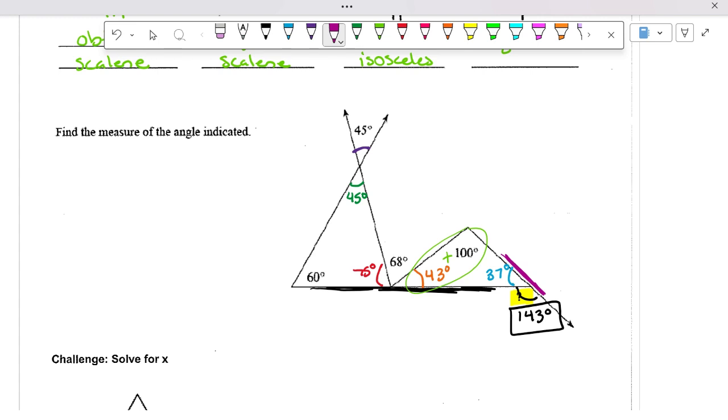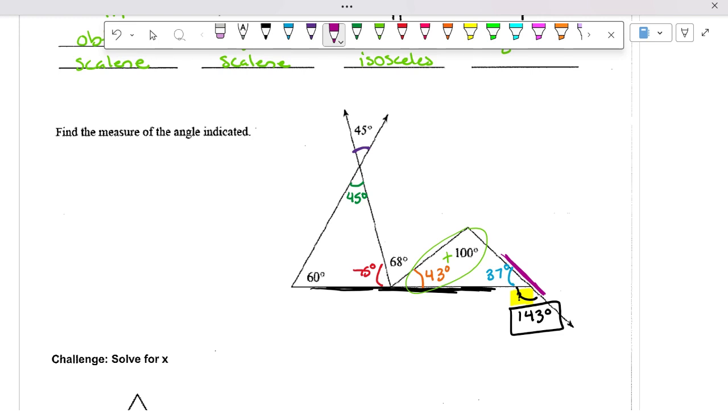It would have taken an extra step, but you could have done it that way as well. So there's two ways you could have gone. You could have gone from the orange angle straight to the black, or you could have used the orange angle to find the blue, and then use the blue angle to find the black. Either way, you get the same answer.